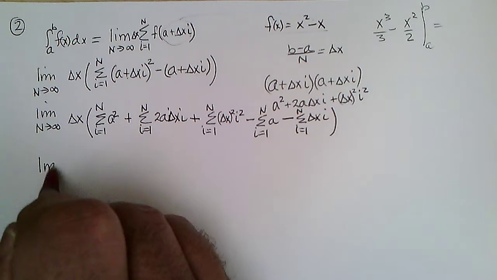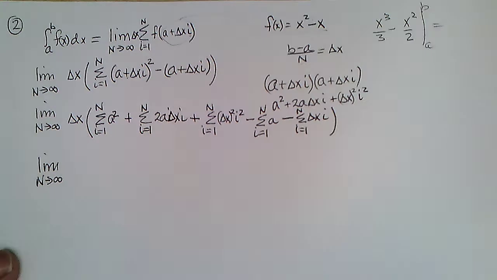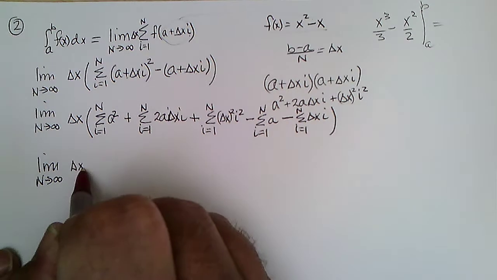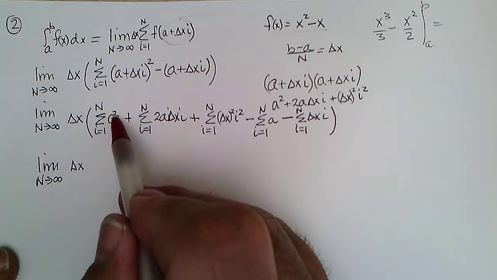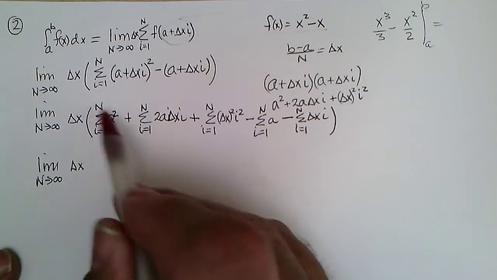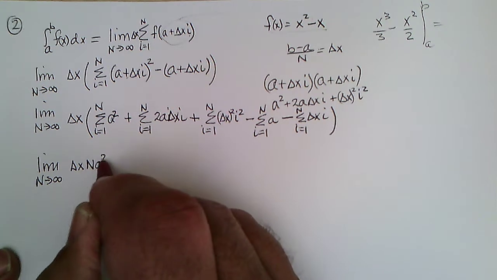This is the limit as n approaches infinity. Delta x, the sum of a squared from i going 1 to n. That's a constant, so we just have n of these constants. So times n a squared.